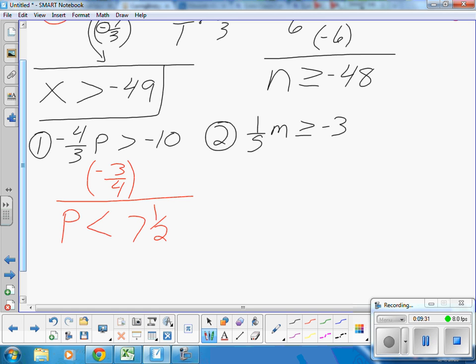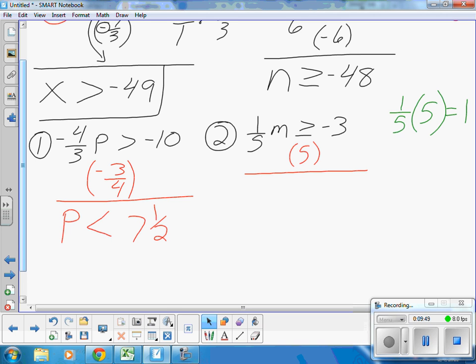Number 2, I need to multiply both sides by 5. Mr. Altobelli, you're telling me that 1/5 times 5, oh yeah, that is 1. So yeah, I can do that. So we get 1/5 m times 5 is m, greater than or equal to.